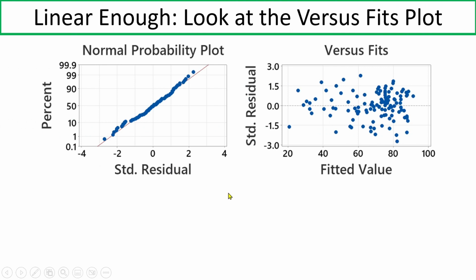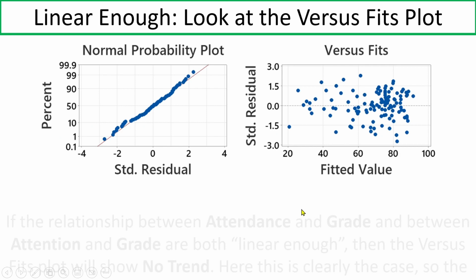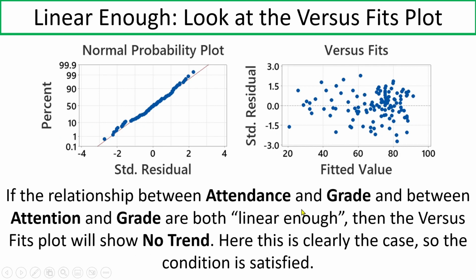So for the linear enough condition, you're going to look at the versus fits plot. And the rule is just this: if the relationship between attendance and grade and between attention and grade, these being the two predictors that we included in our model, are both linear enough, then the versus fit plot will show no trend.